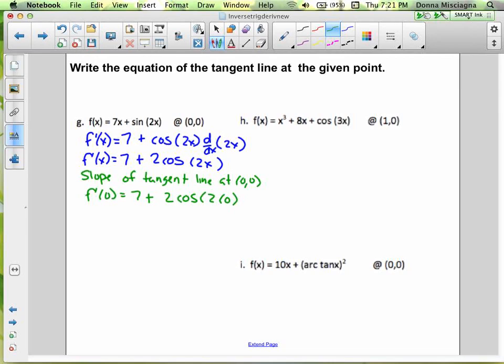Well, that's just 7 plus 2 cosine 0, and cosine 0 just equals 1. So this is going to be equal to 9. We've got the y-intercept, 0, 0. This is a pretty easy equation to write. So here's the equation of the tangent line.